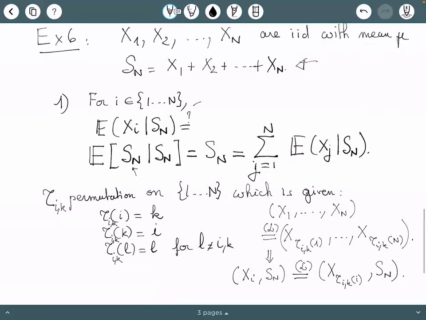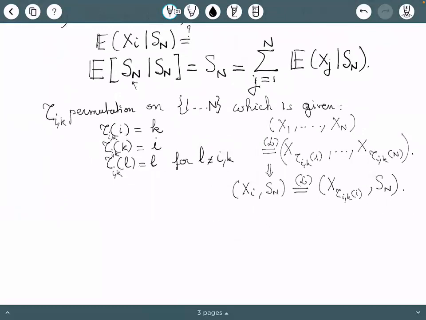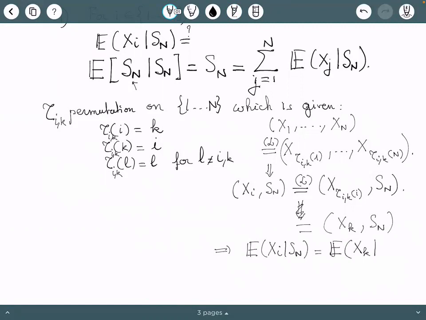And since this conditional expectation depends only on these two random variables, xj and Sn, it implies that the conditional expectation of xi given Sn is the same as the conditional expectation of xk given Sn.